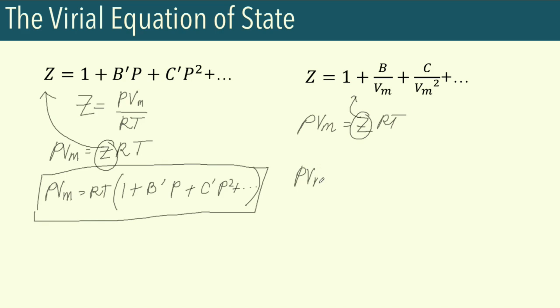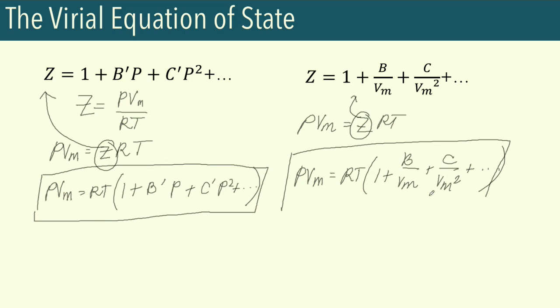So we have PVm is equal to RT times 1 plus B over Vm plus C over Vm squared onwards. This is another form of our virial equation of state.